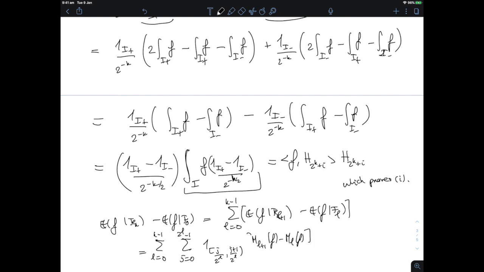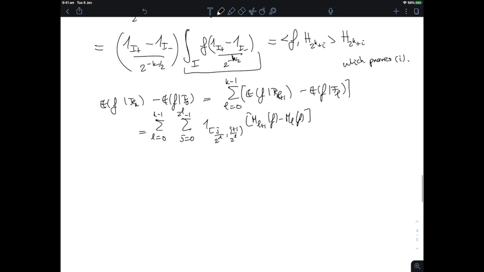And we've just computed what these things are. These things are just the projection onto the corresponding elements of the Haar basis, h_{2^l+j}.